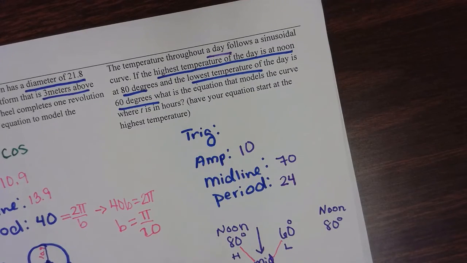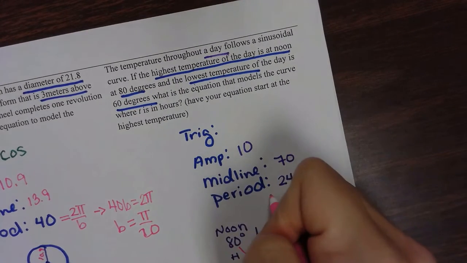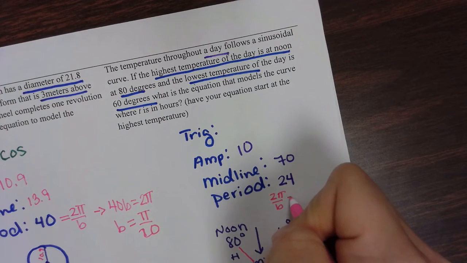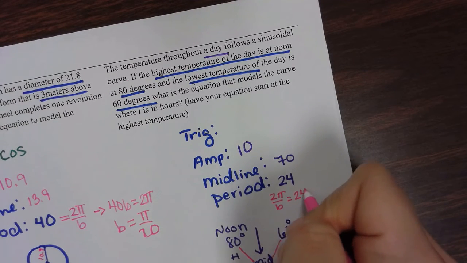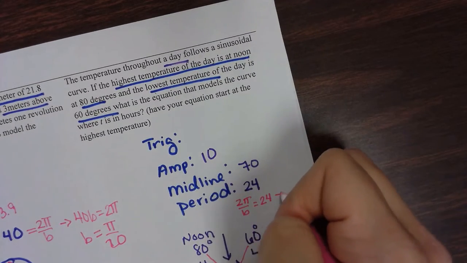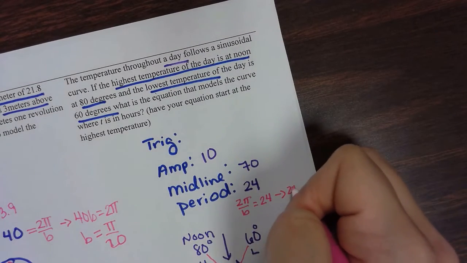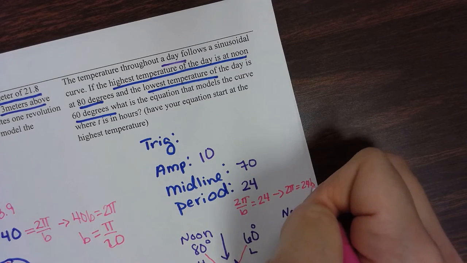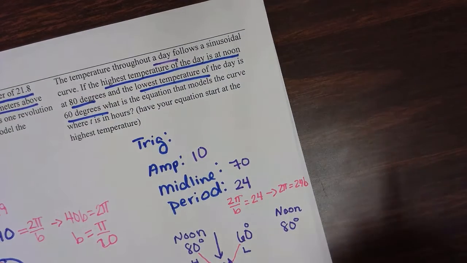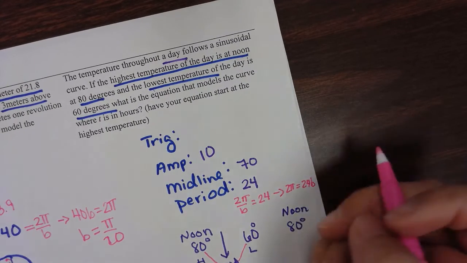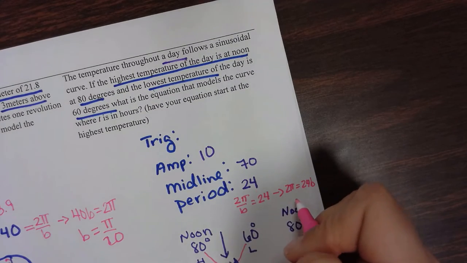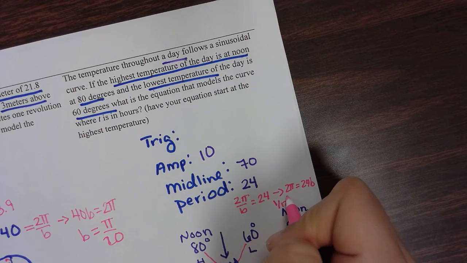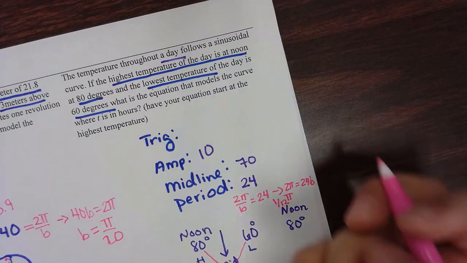So let's do that math, because that means that 2 pi over b equals 24. So 2 pi equals 24b. Solve for b. And that means we get 2 pi over 24, which is 1/12 pi.